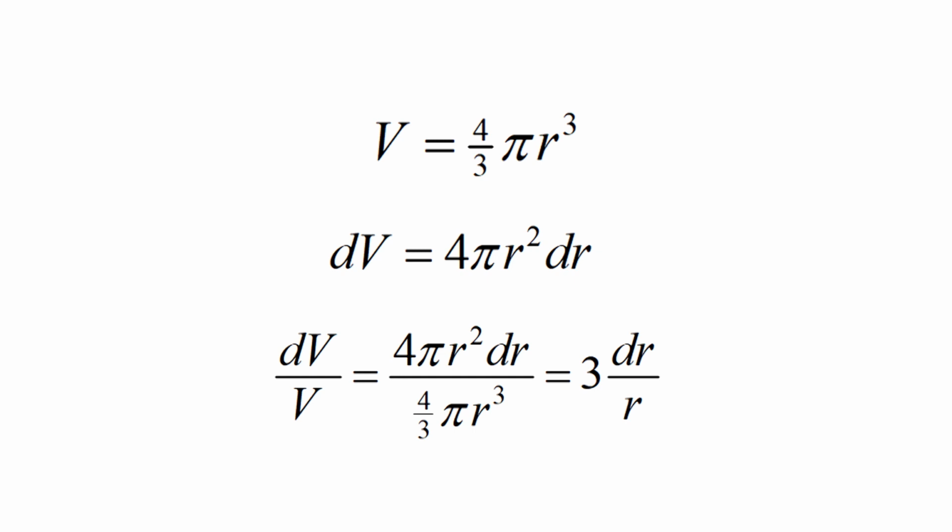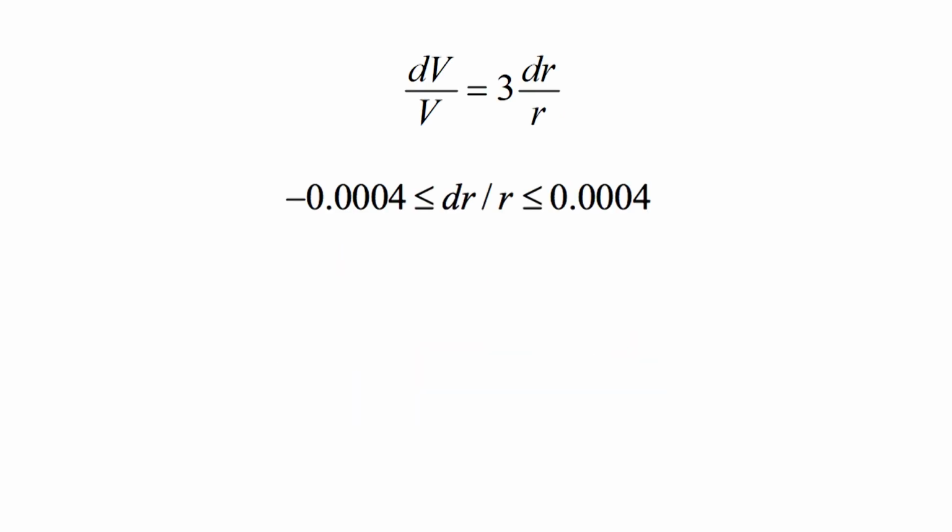Our assumption is that the percentage error in this measurement is within plus or minus 0.04 percentage, which becomes minus 0.0004 is less than or equal to dr by r, which is less than or equal to 0.0004.